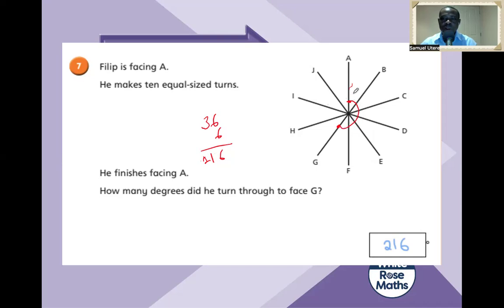By looking at what each of these angles is worth, we can quickly say that he has gone through 216 degrees in total from those equal size turns. Now, if he has made 10 of them, then if we simply divide 216 by 10, it means those equal size turns he made were 21.6 degrees each.